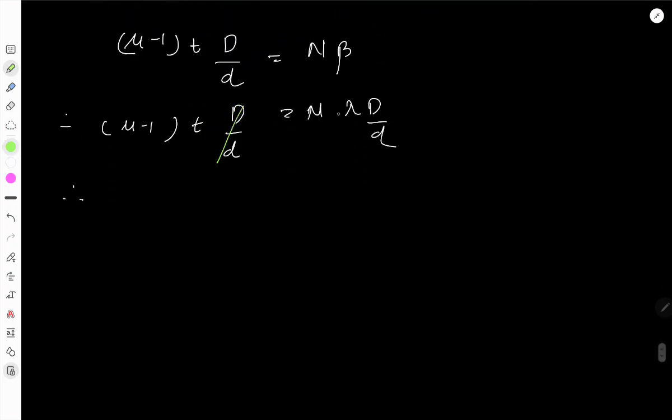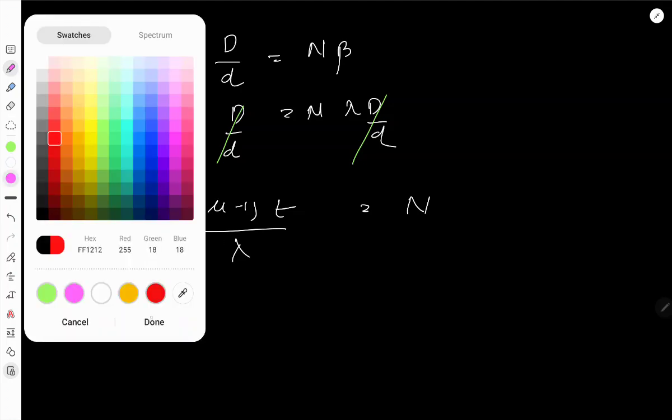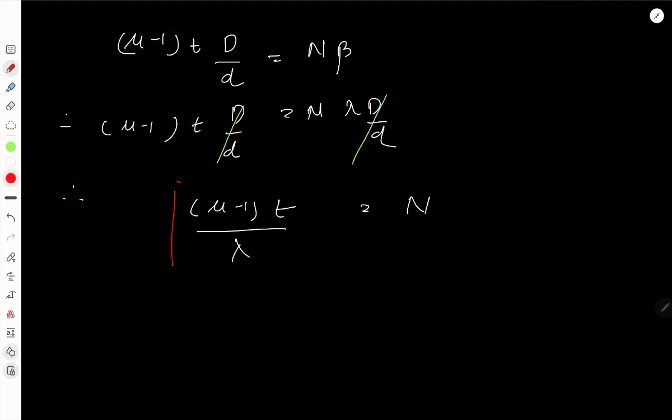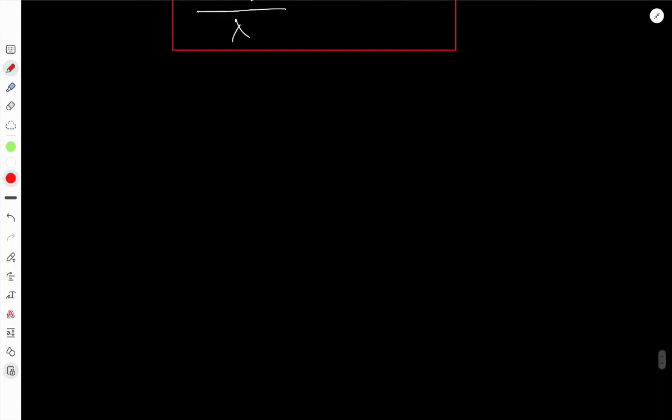So we cut these terms, and for n we keep it on the right side, and send the remaining term to the left, that is mu minus 1 t upon lambda, and this gives us the number of fringes in between. Now that includes the bright fringes as well as the dark fringes, and that is it. And we have now officially completed the part of wave optics on Young's double slit experiment.